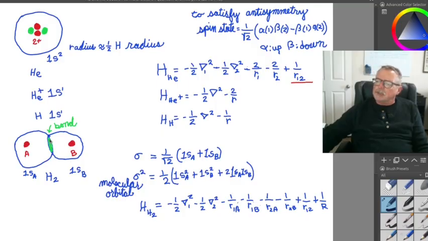Here shows this bonding there between the two, and we can say that the molecular orbital is going to be 1/2 of, it looks like a 1s2, a 1s2b. Now see up here, that's a 1s2.